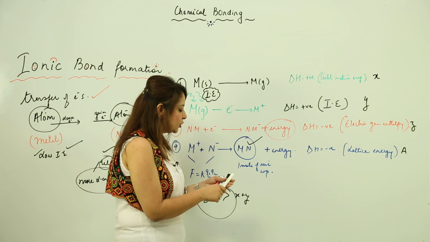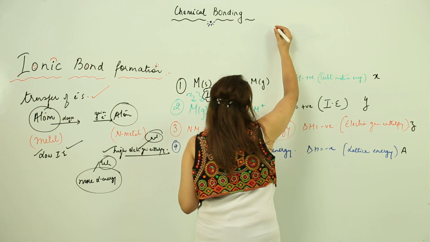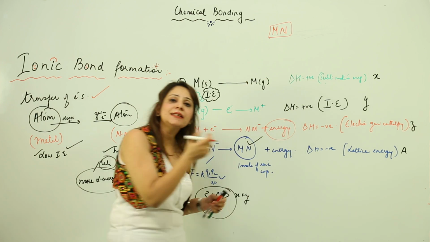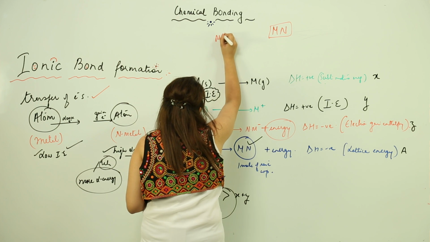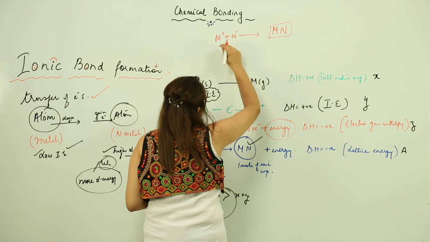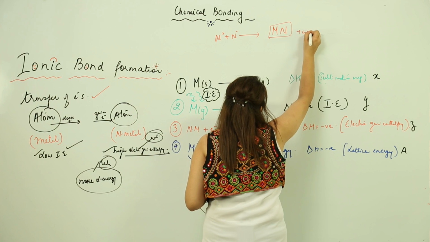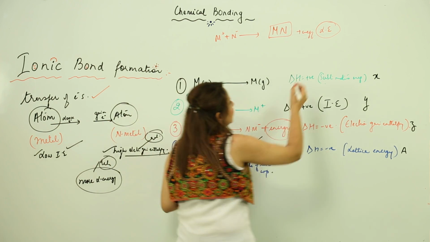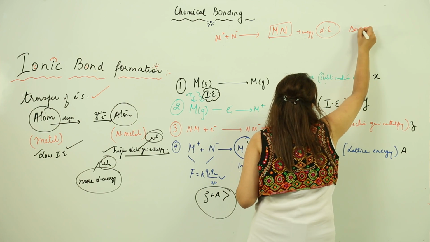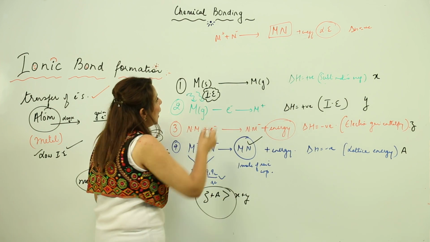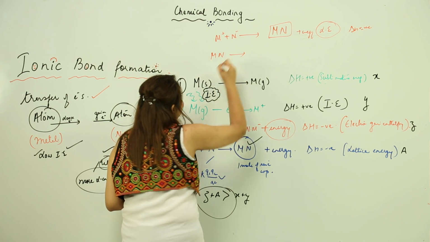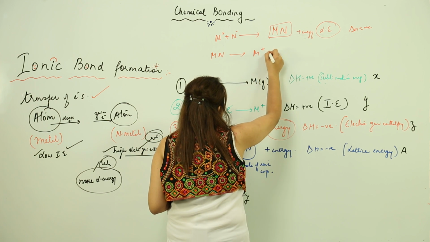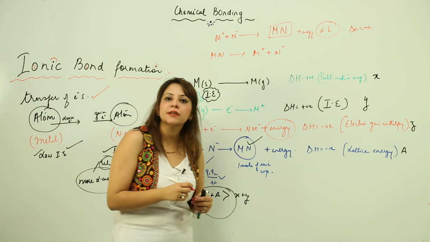Suppose I have this ionic compound. When this ionic compound is formed, energy is released, and this energy is nothing but lattice energy. So here delta H is negative. Now I have this compound and I need to break it back into the gaseous ions, into the positive and negative ions.